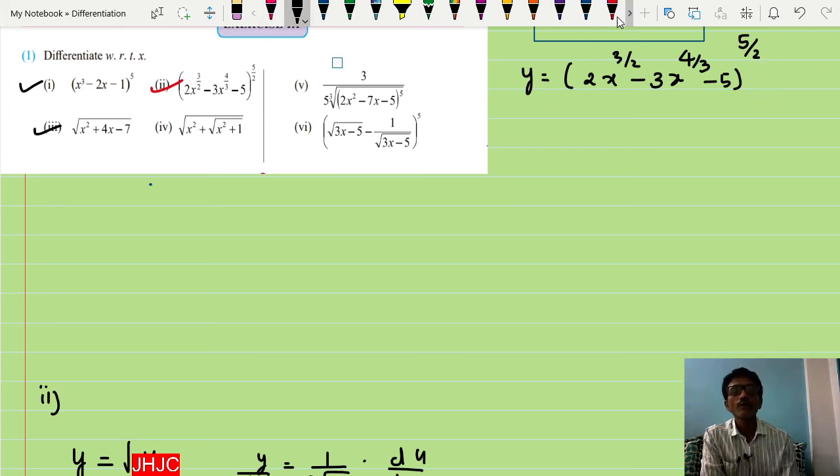This is of the form f(x) raised to power n, or u raised to power n. This is n and here it is u.